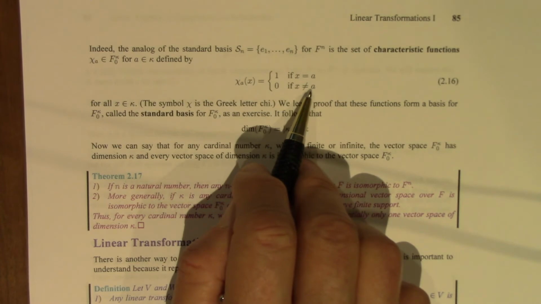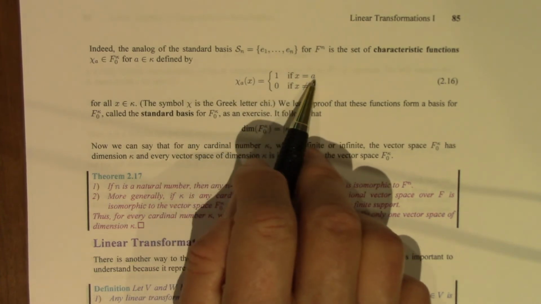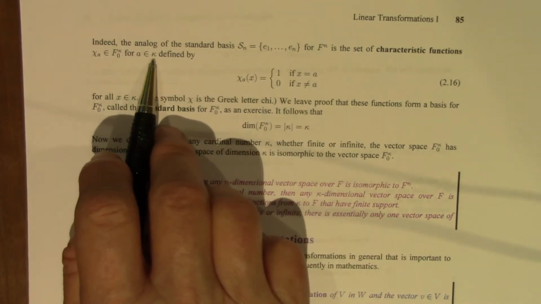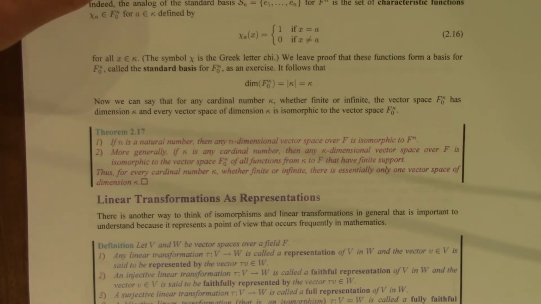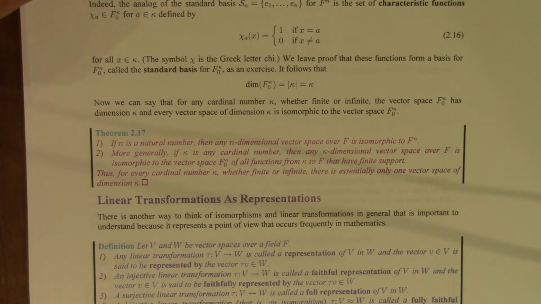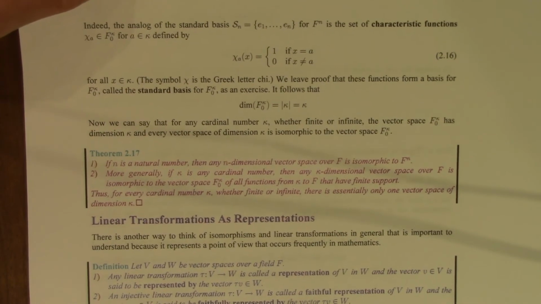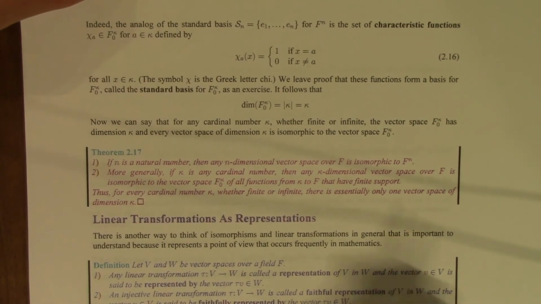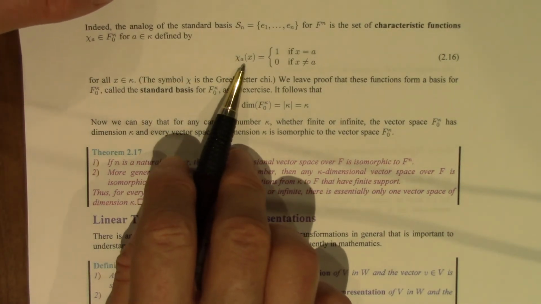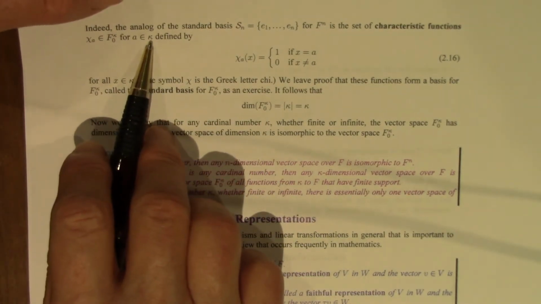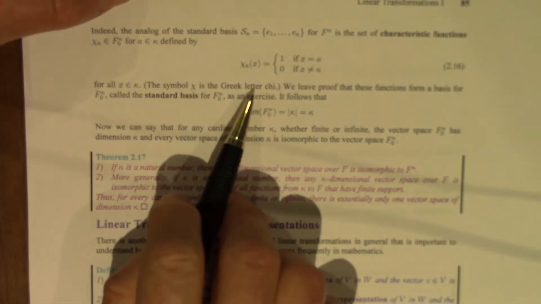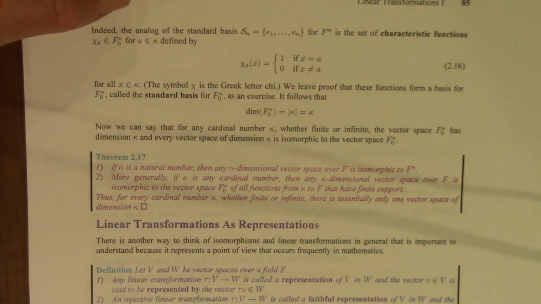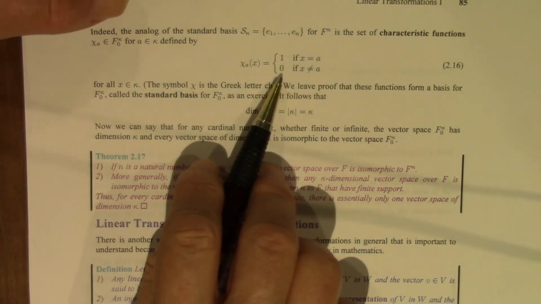So it picks out the element a from the set kappa. And these functions are the analogs of the functions e1 through en, the standard basis vectors in F^n. The chi sub a, where a ranges over the domain kappa. And I'm going to leave it for you to verify that these do in fact form a basis.